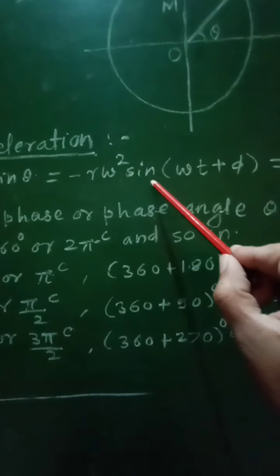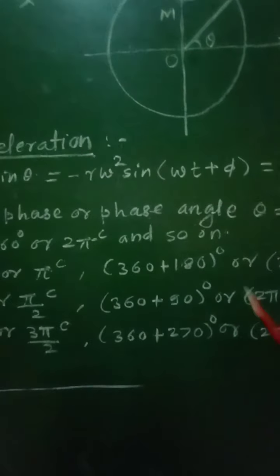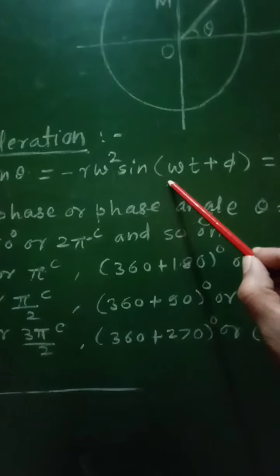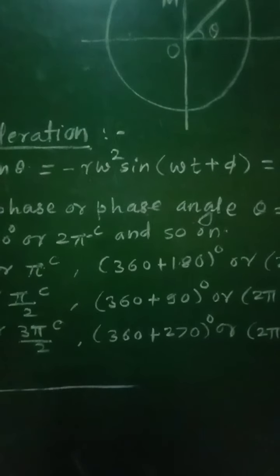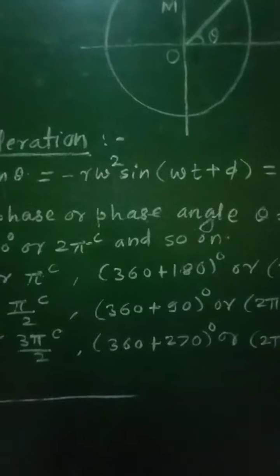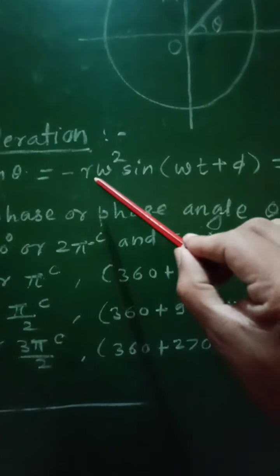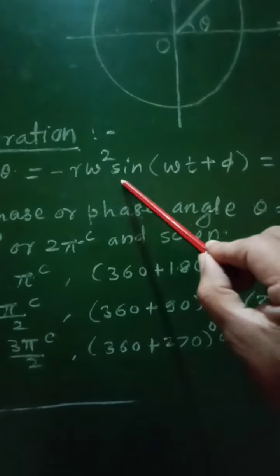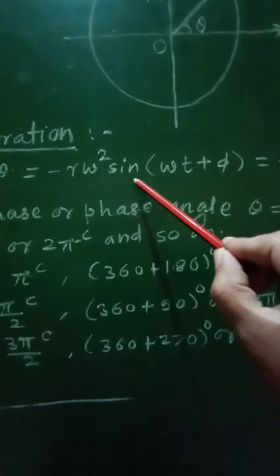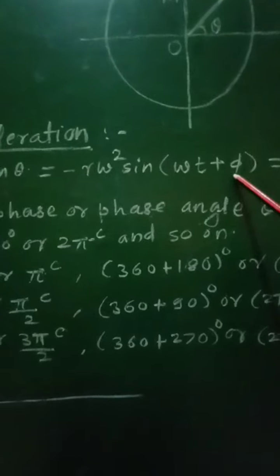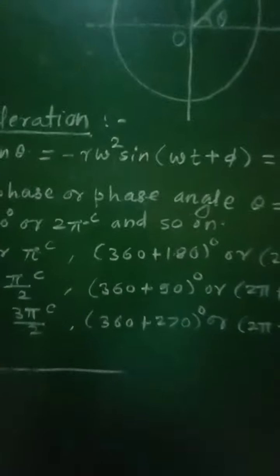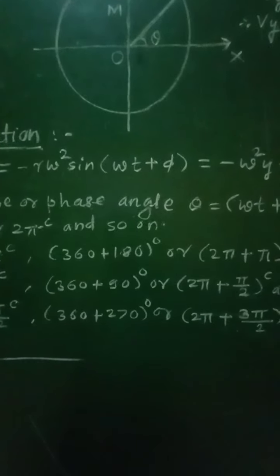So this equation is again similar to the equation of acceleration of a particle performing linear SHM, that is a equal to minus a omega square sine of omega t plus phi, which will be similar to this equation in case of uniform circular motion.